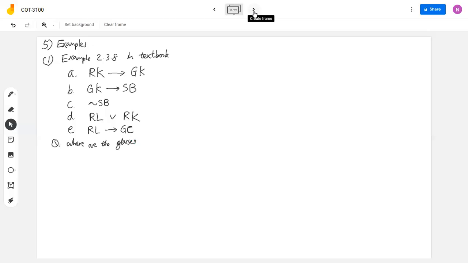The solution of this is, A, B, C, D, E are our premises, and we are trying to get a conclusion.